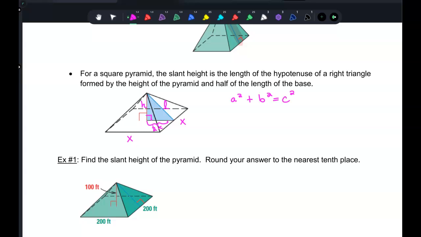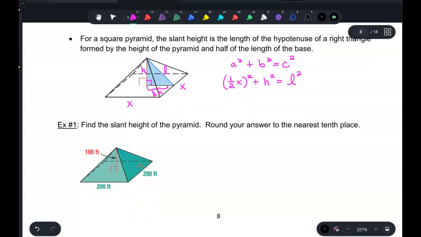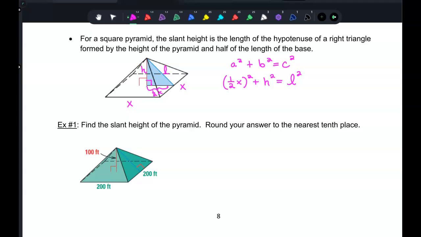The a and the b can be mixed around. Okay, so our c is now the L, because it's opposite the 90-degree angle. So it's going to be (1/2 x) squared plus h squared equals L squared. Well, this is a formula that relates the side to the H.